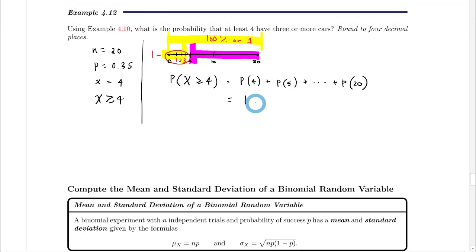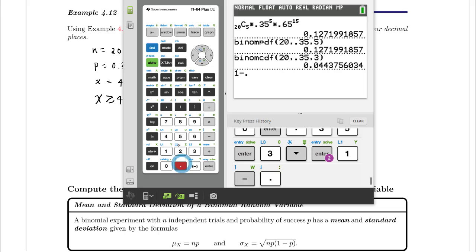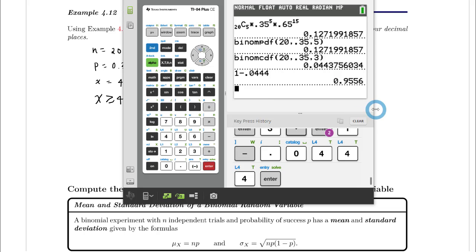This is the same thing as saying 1 minus the probability of x less than 4. In other words, 1 minus the probability of x less than or equal to 3. Well, I have this probability. I found it was 0.0444 in the previous part. And we could just do 1 minus 0.0444, and we get 0.9556.